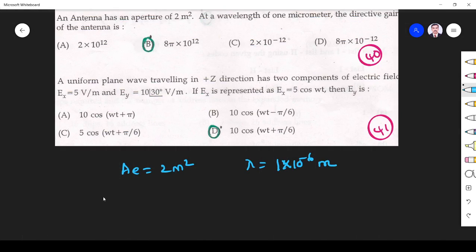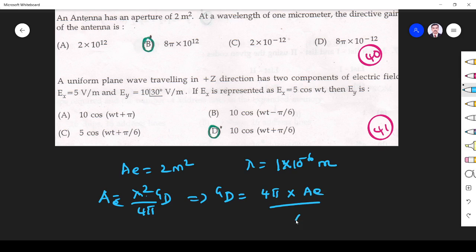The effective aperture AE is lambda squared by 4 pi into D. This implies the directive gain GD is equal to 4 pi into AE by lambda squared. The 4 pi AE value you know, the lambda value you know. If you substitute, GD will become 8 pi into 10 power 12. So option B is the right answer.